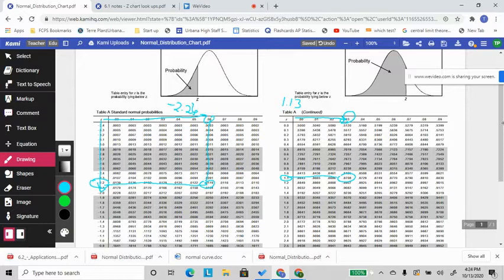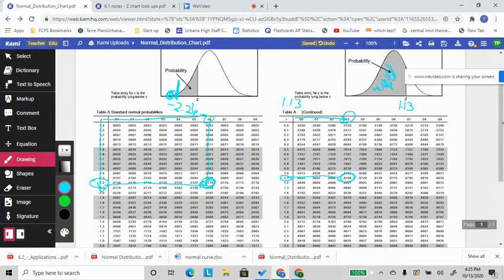On the positive side, this area, .8708, represents this area here at a z of 1.13. This area over here, .0119, represents this area right here at negative 2.26.